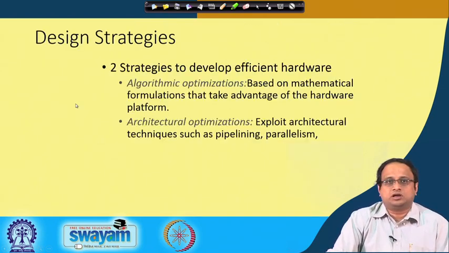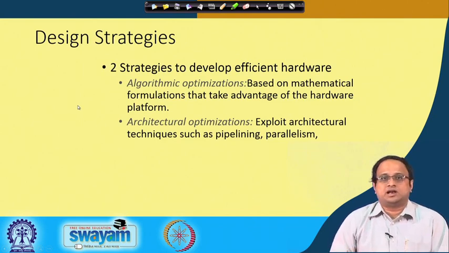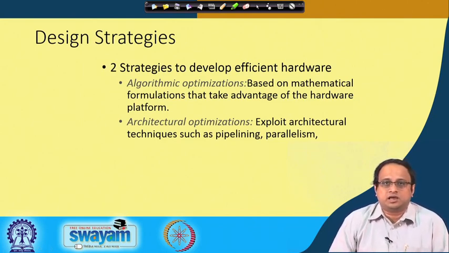To start with, we would like to discuss some broad design strategies that we hardware designers adopt. For example, we may want to do optimizations which depend upon the mathematical formulations on which our ciphers are described. So, we would like to do what are called algorithmic optimizations, which are based on mathematical formulations that take advantage of the hardware platform.